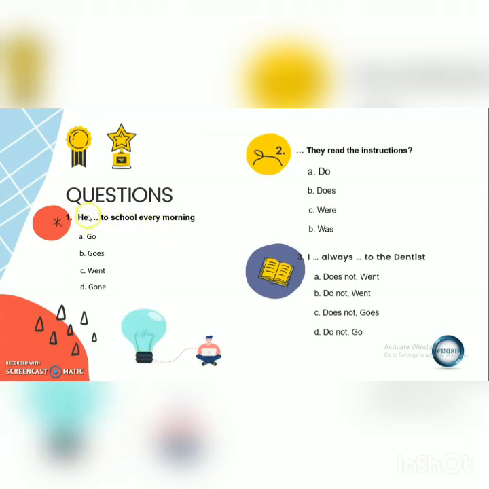The subject is he, so of course the verb should add s or es. And the verb is in verb 1 form, between go or goes. Because the subject is he, it should add s or es. So the right answer should be B. Let's check the answer.